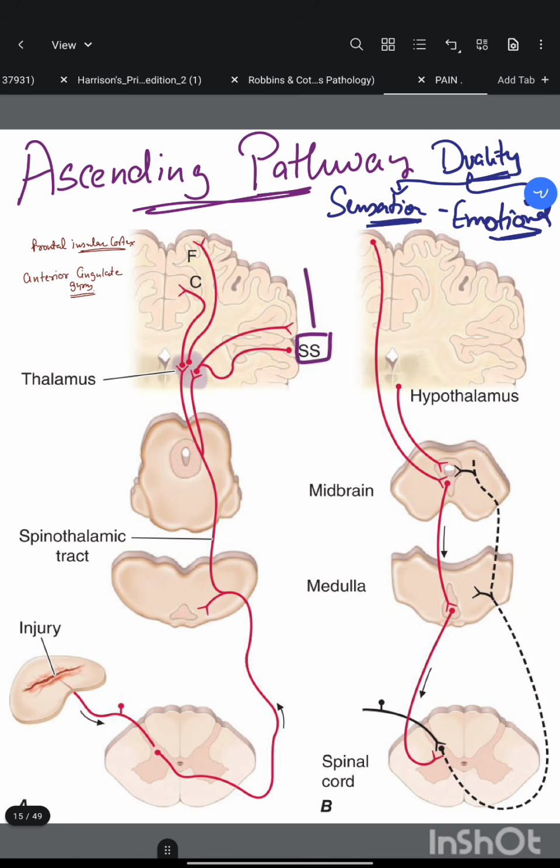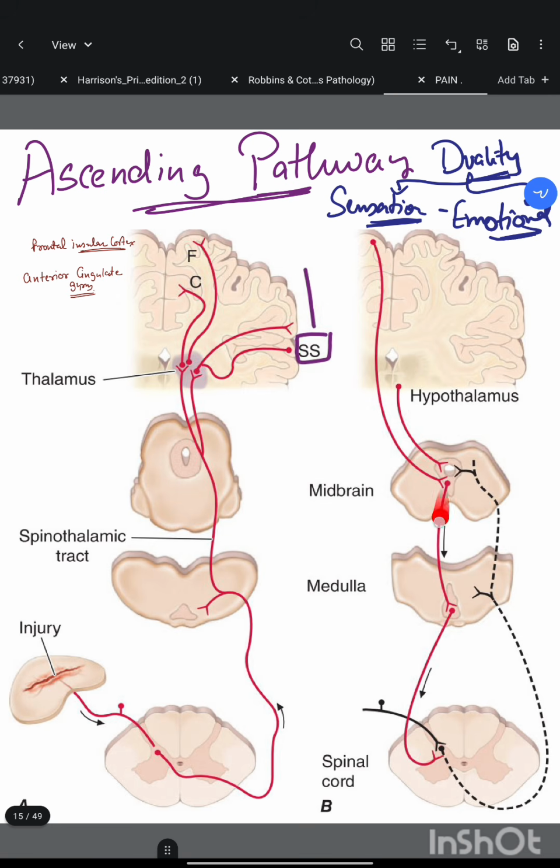As per Harrison's, there are pain modulatory descending pathways, starting from the frontal cortex, midbrain, medulla, and ultimately to the area where the primary afferent nerves synapse with the spinal neuron of the spinothalamic tract. Do you guys remember? This is the spinothalamic tract running laterally, ultimately reaching the thalamus. These natural pain modulating fibers are descending in nature.